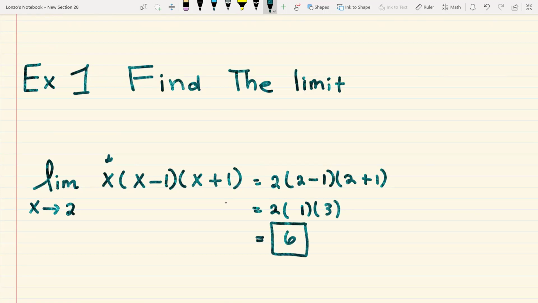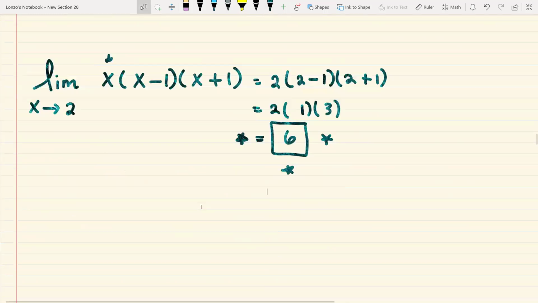So this was a simple one because all I had to do is plug your x value into the limit problem and you get a real number. Okay, so that was example 1. Simple, right? But unfortunately, they're not always that simple. They get more complex as we move on. So let's move on to example 2.